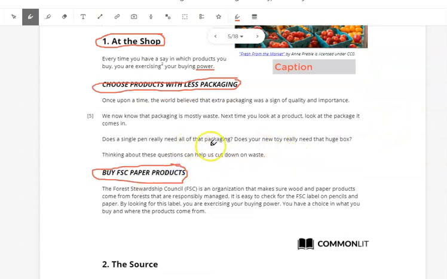Circle the next subheading. And I want you to record yourself reading this part.